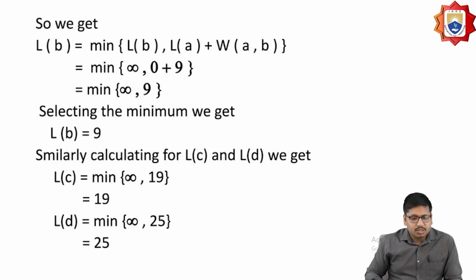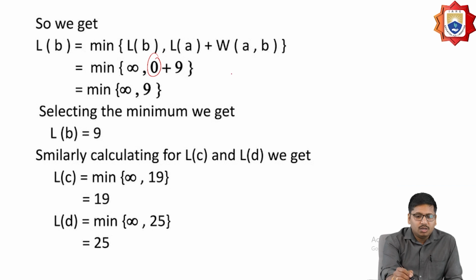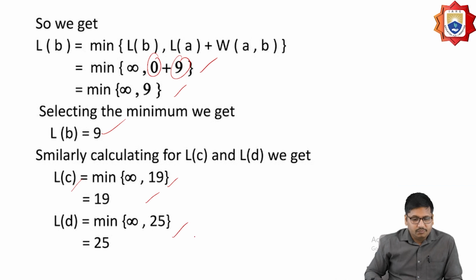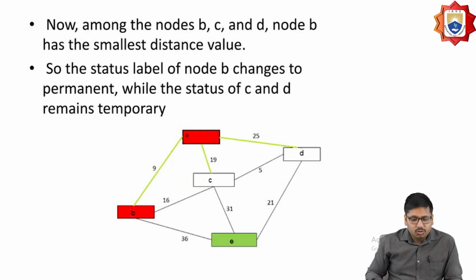So the minimum of infinity and 0 plus 9, that is 9. Similarly, we calculate L of C and then L of D. L of C is the minimum of infinity and 90, so 90, and for D the minimum of infinity and 25. Among these, we have to consider the minimum one.